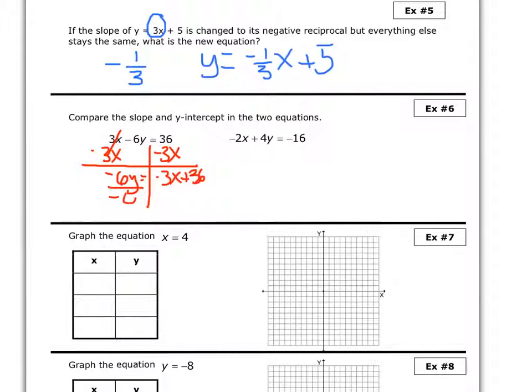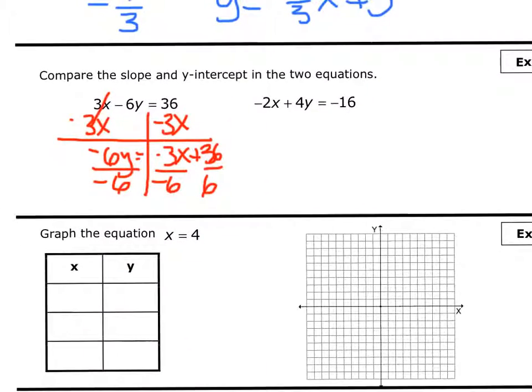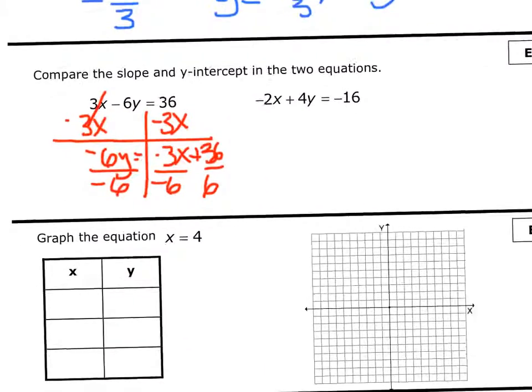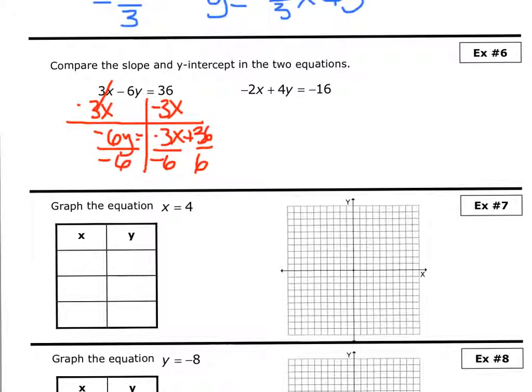I'm going to divide by -6, divide by -6, divide by -6. So I'm going to get y equals -3 over -6, which reduces to a +1/2 x plus 6.